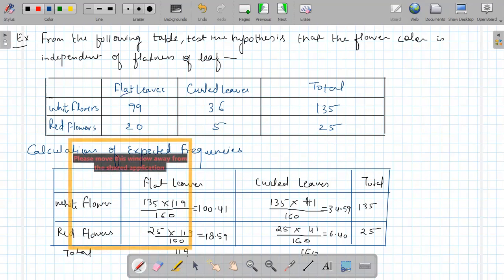For this, the expected value is 135, the row total, and the column total 41, divided by 160. Similarly, for 20, the expected value is 25 into 119 divided by 160. And for 5, it is 25 into the column total, which is 41, divided by 160. So we have these as expected frequencies. These are observed frequencies and these are theoretically found frequencies.